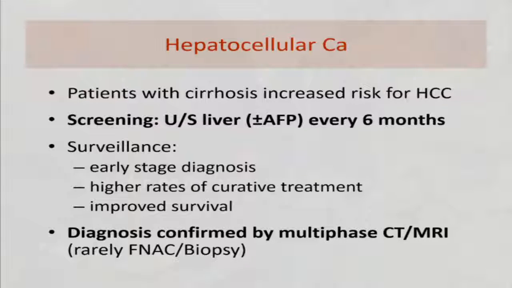And the diagnosis of this tumor is confirmed by imaging, multiphase CT or MRI. It is only very, very rarely that we would need cytology or biopsy to diagnose these tumors. And it can be dangerous because they are very vascular.